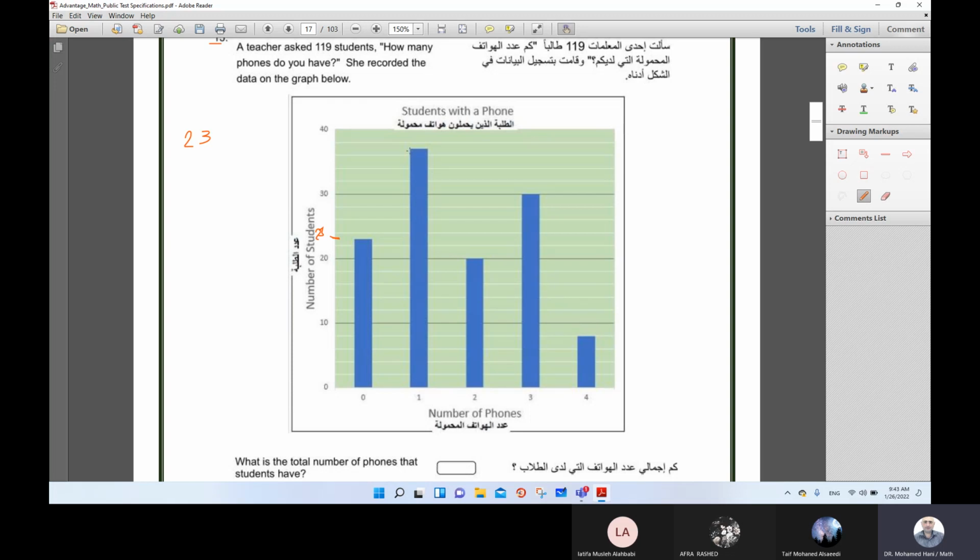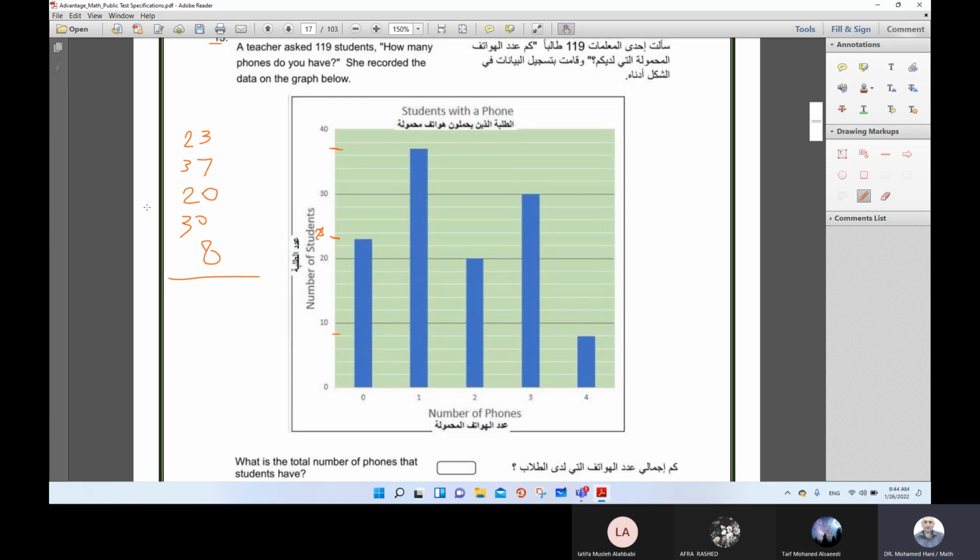And here, as you see the value here in the middle, 30, 32, 34, 36, 37. And here, as you see, we have 20. And here we have 30. And here we have 8. Here we have 2, 4, 6, 8.